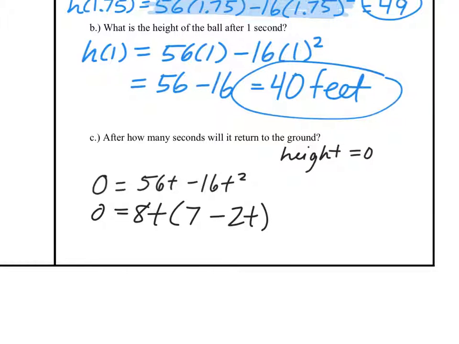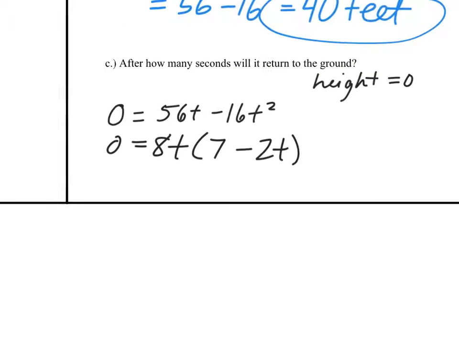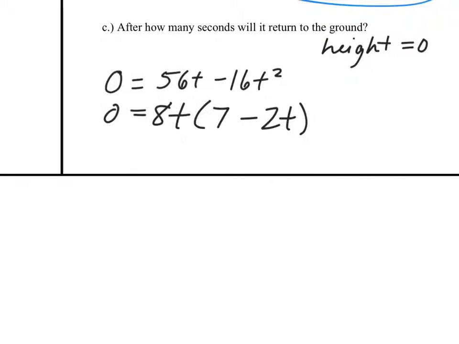You have two factors. Please remember that you take those two factors and you split them up and you set them both equal to 0. 8T equals 0, and 7 minus 2T equals 0. And you need to solve both. We are doing a word problem, and so it's okay to go ahead and get decimals.